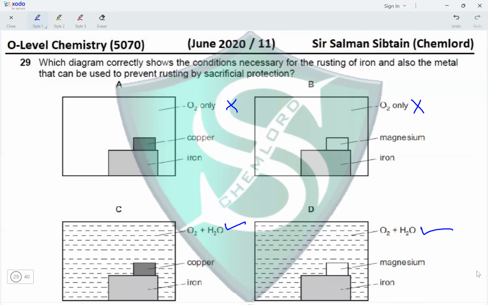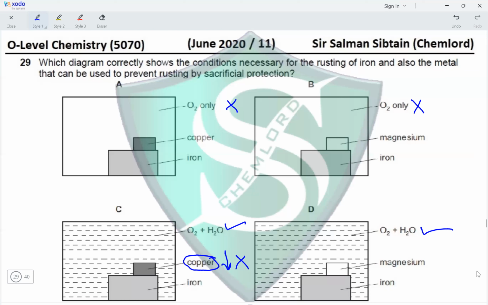Next, for sacrificial protection, the metal used should be more reactive than iron because we are protecting iron. So it should be more reactive than iron so that it reacts with oxygen and water vapor and prevents iron from reacting with them. In option C, we've got copper, which is less reactive than iron. So this will not protect iron from rusting. Iron will rust in the presence of copper as well.